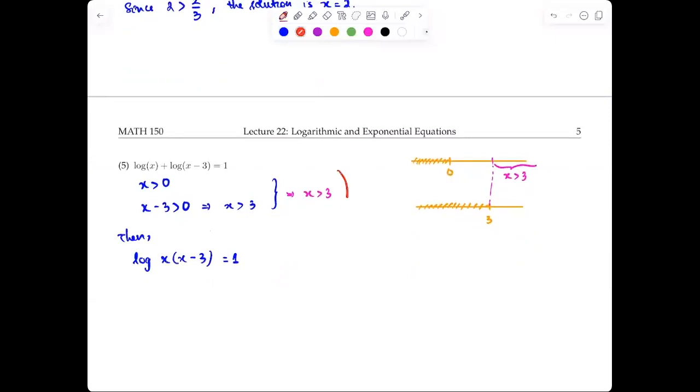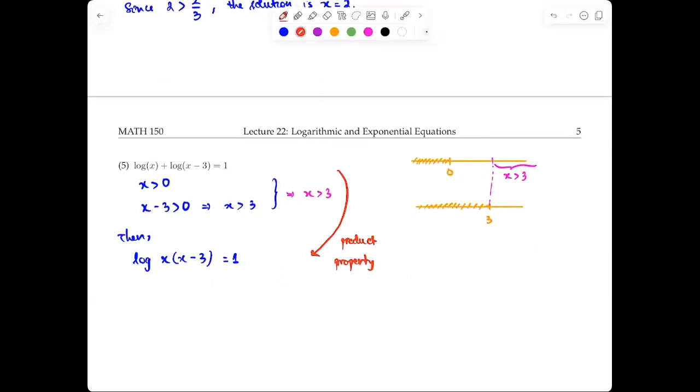So what you did from one step to another step is you apply the product property. So far, so good.